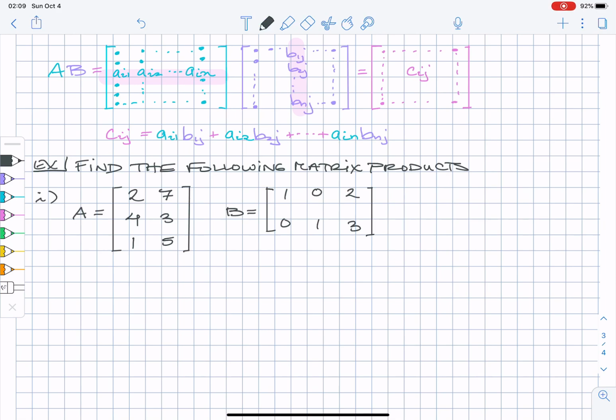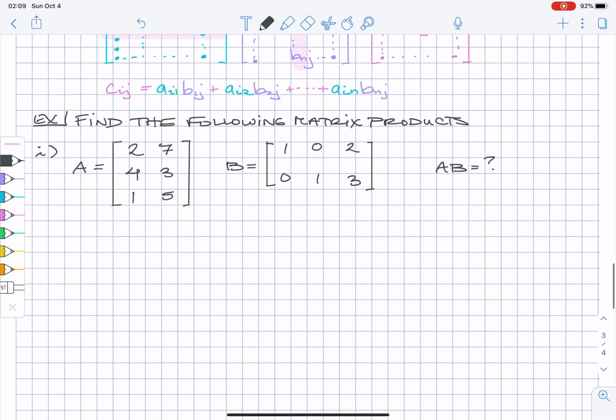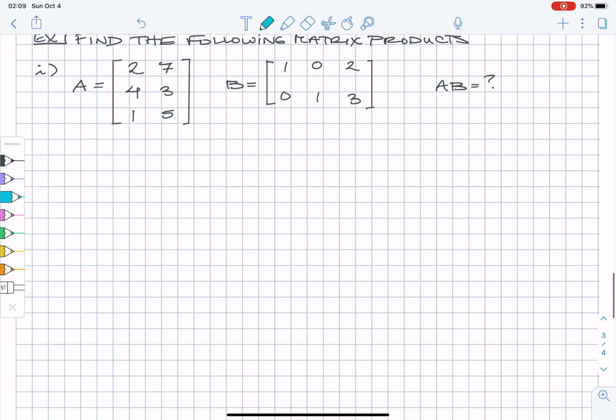So AB is what we're looking for. Notice, what are the dimensions here? How many rows does A have? It has 3. How many rows does B have? It has 2. How many columns does A have? It has 2.